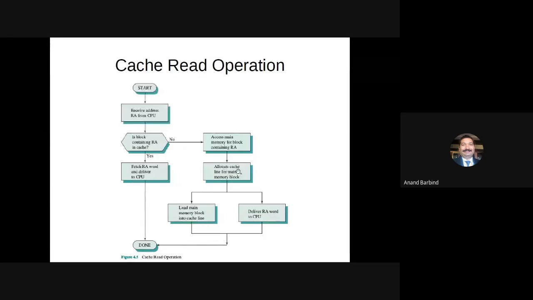So when one word is not found, then when the CPU goes for the subsequent read operation, it is likely that the next word will be from the same block, and because that block is already fetched in the cache, next time it does not have to go through this path, and it will directly read it from the cache.